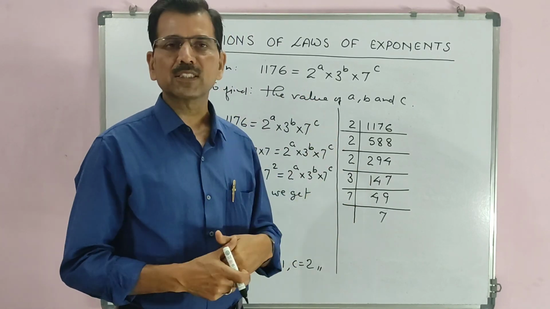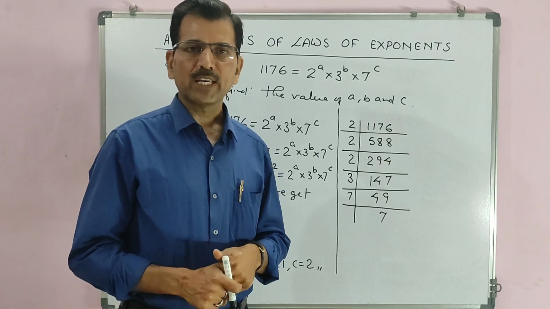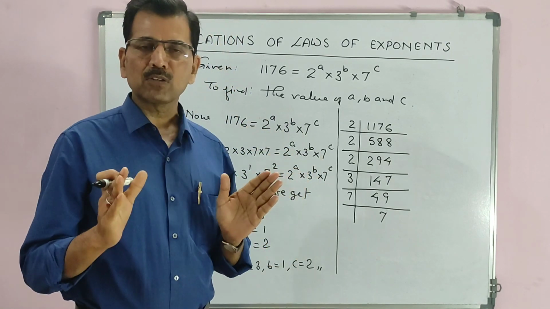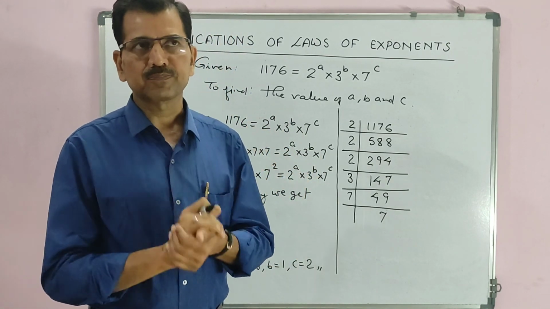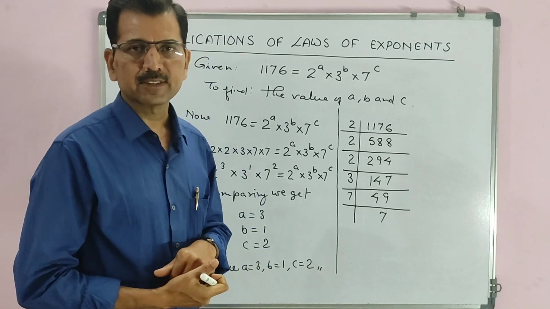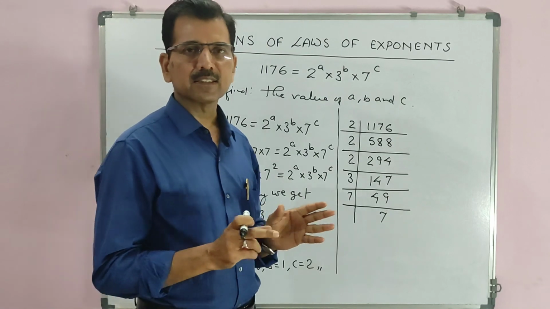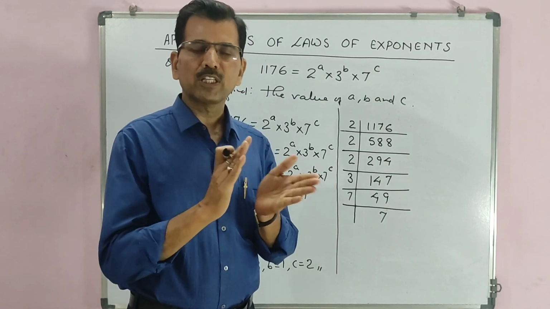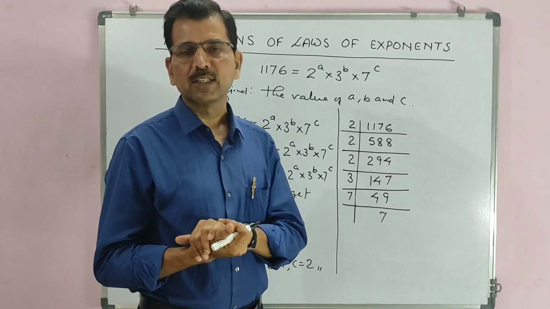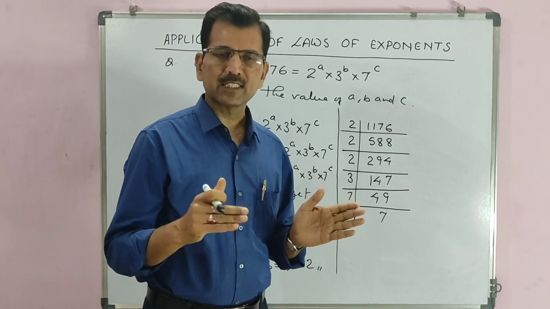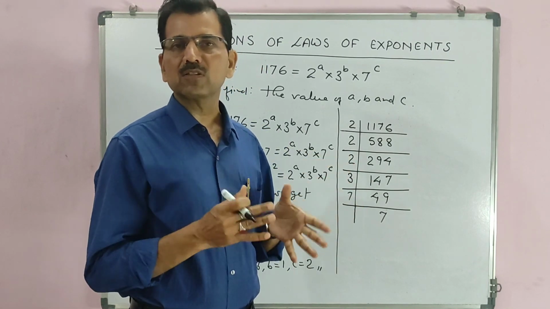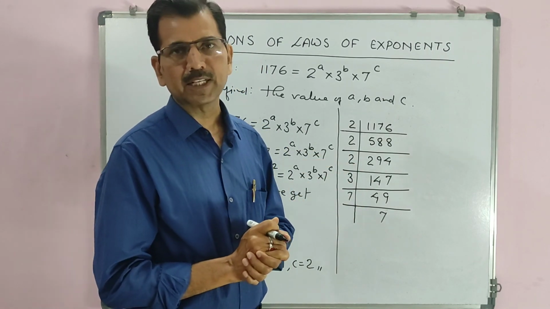Some more questions we will take in the next video. In that we will discuss the rational exponent, rational exponent with the radical sign. How do we remove the radical sign in the form of an exponent? This we will see in the next video, and some questions we will also solve on the basis of that.